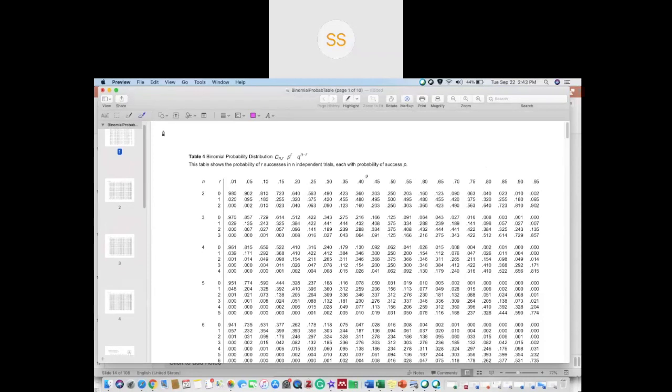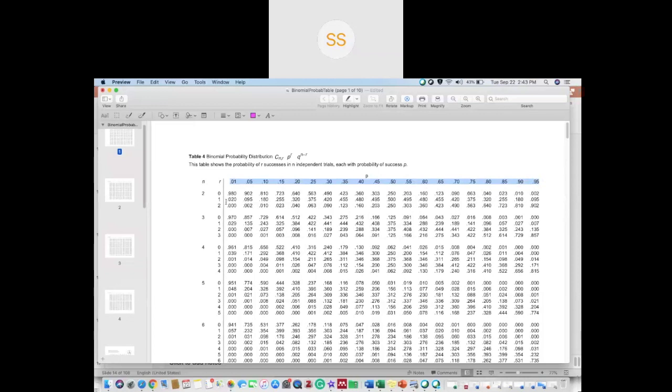Now these values here, all these values here, these are the probability values.